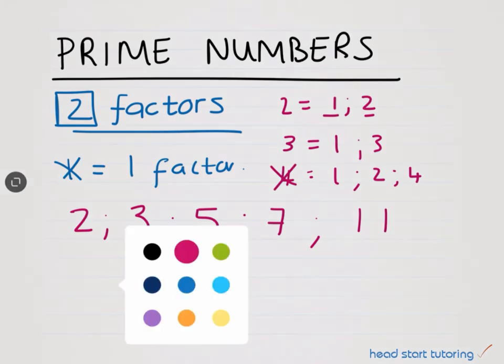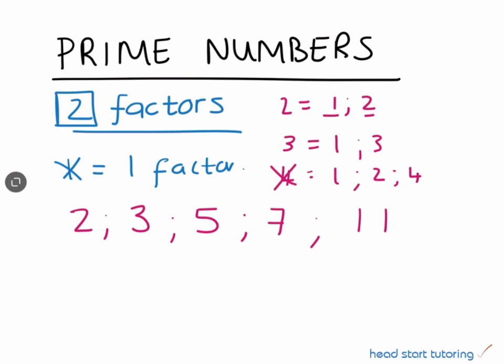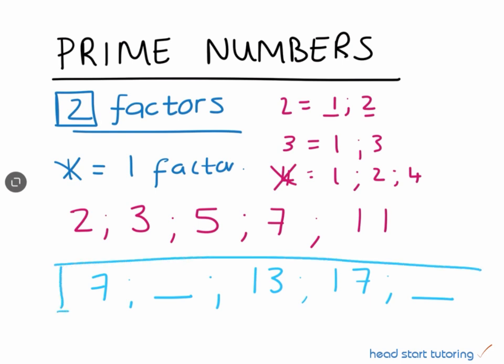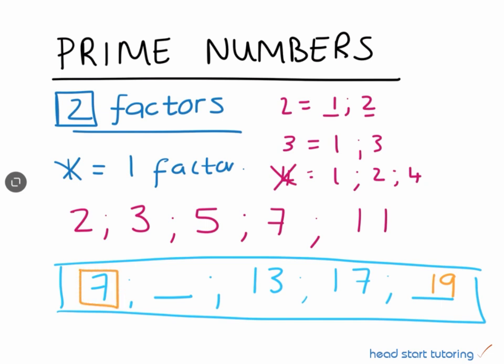Now, if we get a number sequence that looks something like this, we need to try and pick up that this is a number sequence that is listing the prime numbers between 7 and 19. 7 we know is a prime number, so when a number sequence starts with 7 and you can see clearly that there's no other obvious pattern and they're not listing the multiples of 7, then it's highly likely that it'll have something to do with prime numbers.